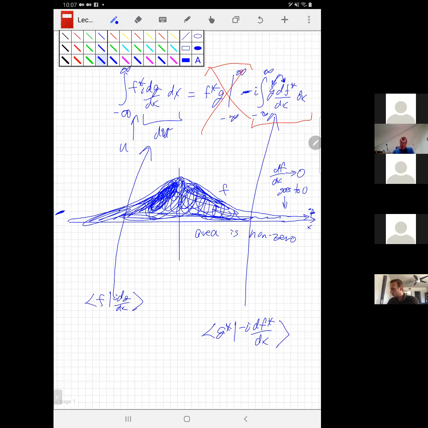So you could say, but we don't have a g star in there, we have a g. Well, yeah, but the thing in the first position gets conjugated, and the conjugate of the conjugate is whatever your original complex variable was. Which is, all of this is the complex conjugate of g i df dx. So the whole idea of a Hermitian operator is that you could do the inner product in either order.